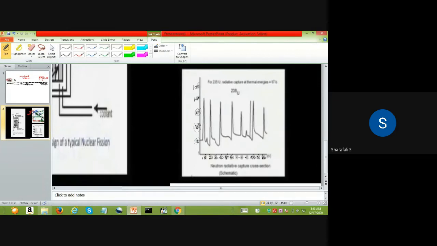In this also, we have the electron volt energy. So this is nothing but the energy of those neutrons. Again, energy of neutrons in electron volt. Remember, this is in electron volt.